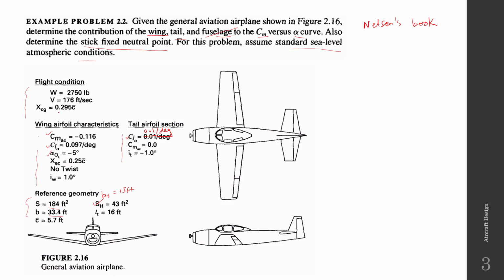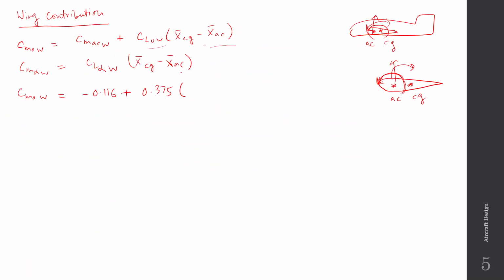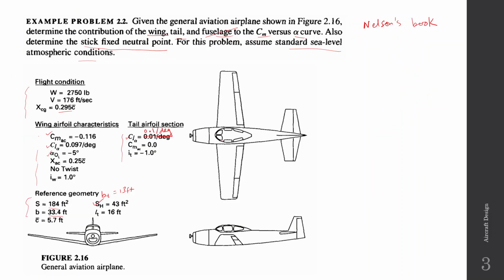So x bar Cg was 0.295 C bar, and x bar AC is also given as 0.25 C bar.